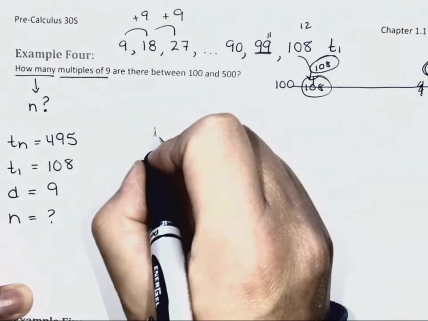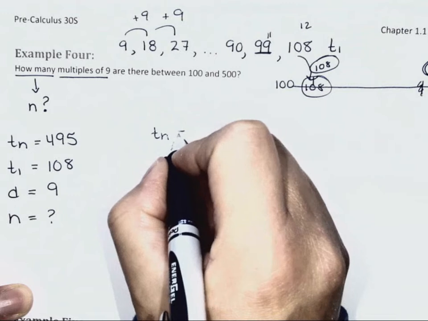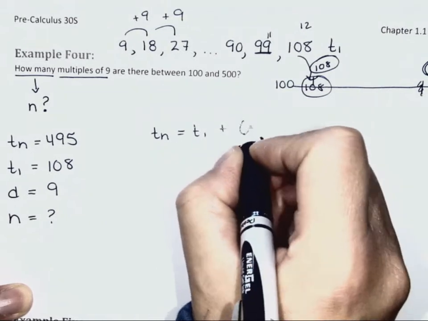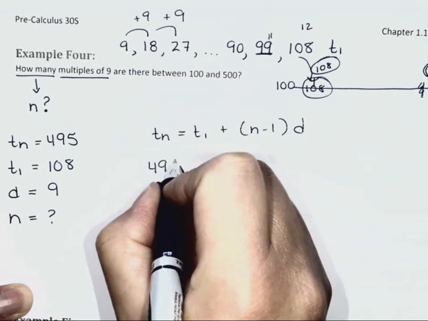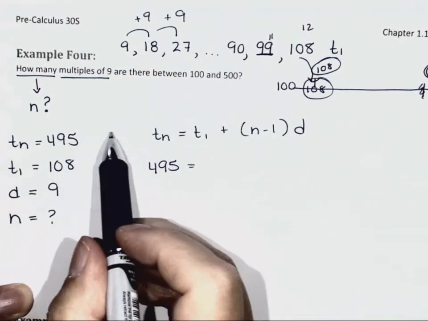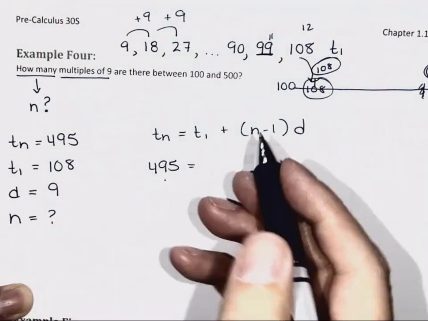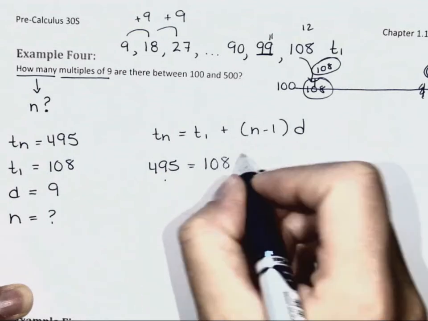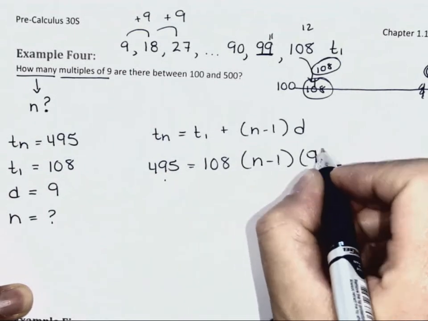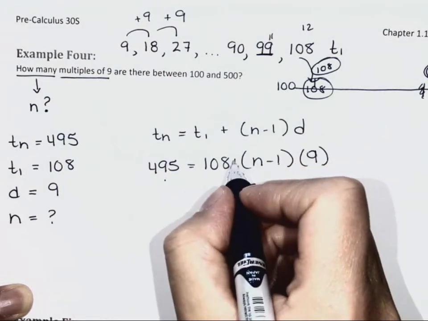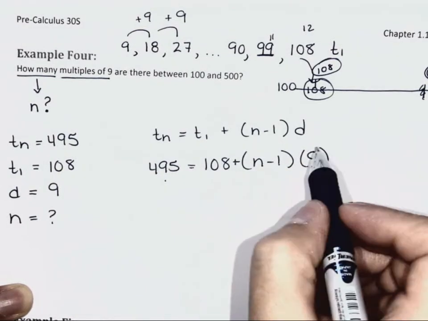So I'm going to use my formula. Tn equals T1 plus n minus 1 times d. Remember, I'm putting these in where I see them. So Tn is 495, T1 is 108, n minus 1 I don't know, and d is 9. Oops, I got a plus sign in there. That would have been a travesty.